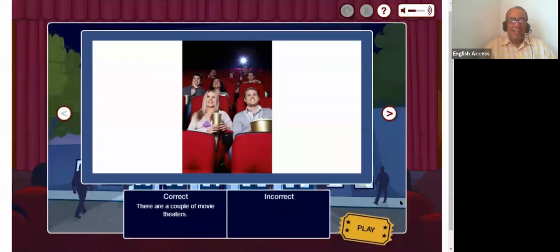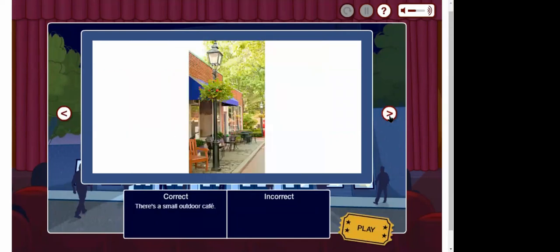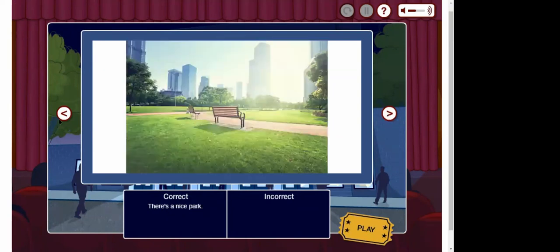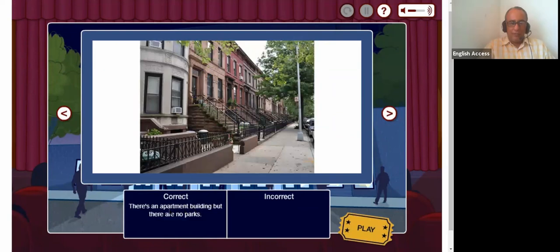Okay, let's check the answers. Yes, this is correct. Expensive stores, a small outdoor cafe. An apartment building means un edificio de apartamentos, no parks. This building, edificio.